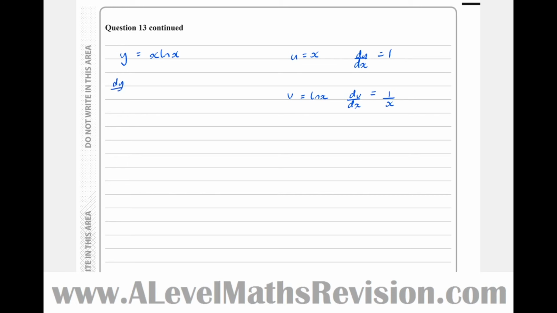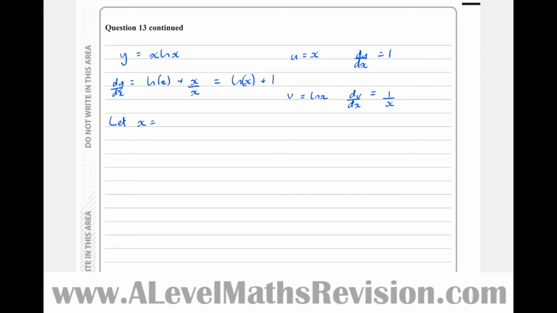So that means that dy by dx equals v u dash, which is log x times 1, plus u v dash, which is x over x. So the differential is equal to log x plus 1.